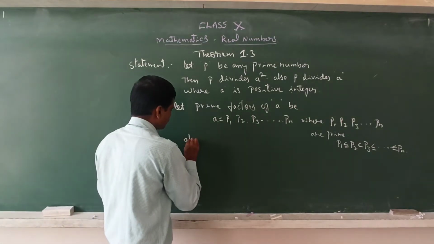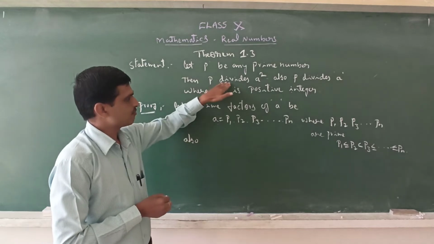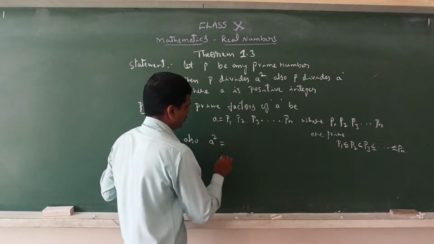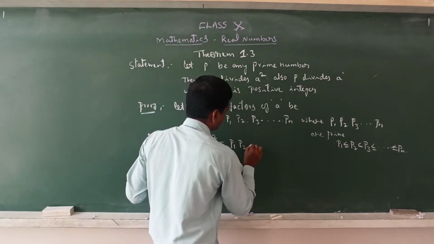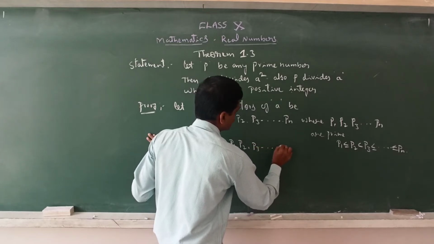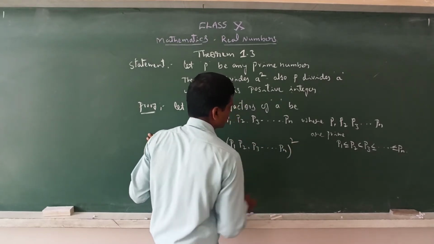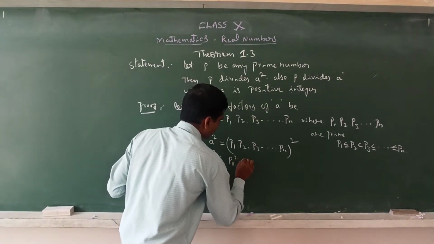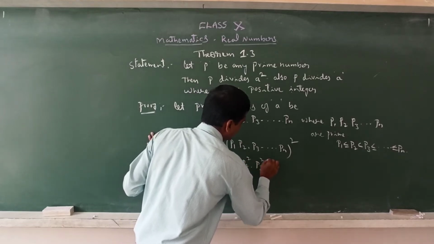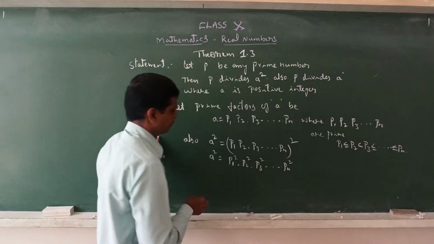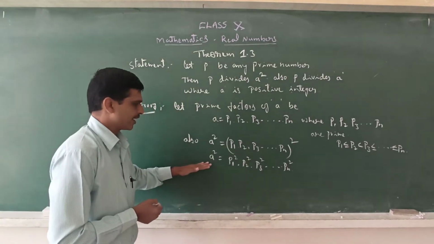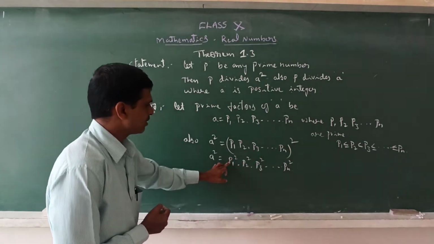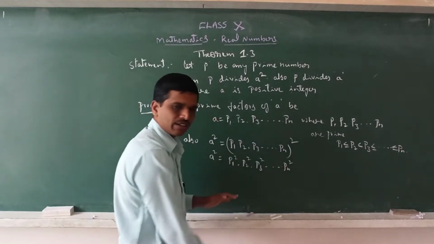Now, what the statement says is, if P divides a square, so I will square it. a square is equal to P1, P2, P3 and so on up to Pn, all squared. So a square is equal to P1 square, P2 square, P3 square up to Pn square, on squaring. If you extend it in terms of product, the answer will be the same.